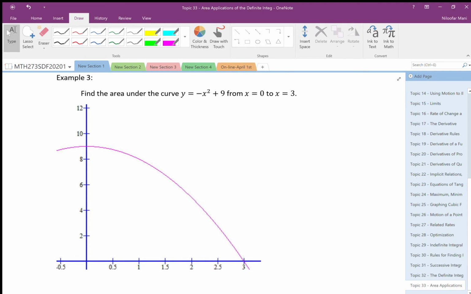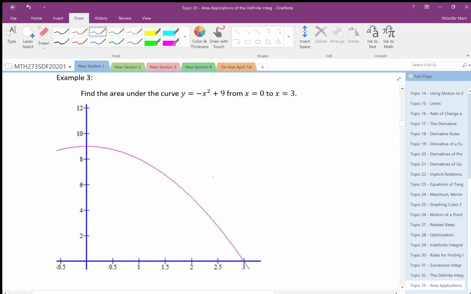From 0 to 3. So what is the area under the curve? Again the function is positive, so area under the curve is just an integral. I can show you what I mean when it is not positive.